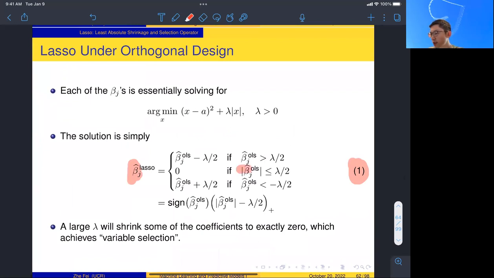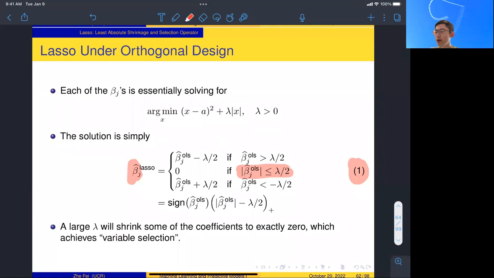The key here is that if the beta hat OLS, which stands for ordinary least square, is small enough, so the absolute value is less than or equal to lambda over 2, where lambda is our lasso tuning parameter, then we would get the beta hat lasso to be exactly 0. So here is where the exact 0 solution comes from.